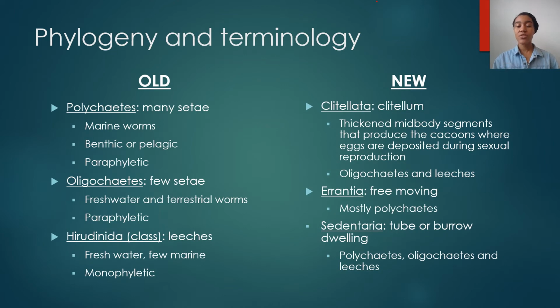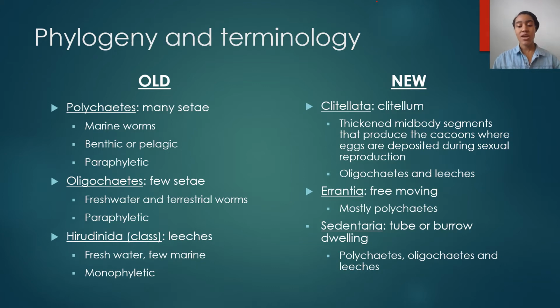And then another term we have is the organisms that are within the group Errantia. Sorry, it's a little challenging sometimes. And these are basically just your free moving, free swimming, free crawling worms. And this is mostly composed of polychaetes. And then finally we have our Sedentaria, and these are the worms that basically make either tubes or burrows, and they just stay in there.